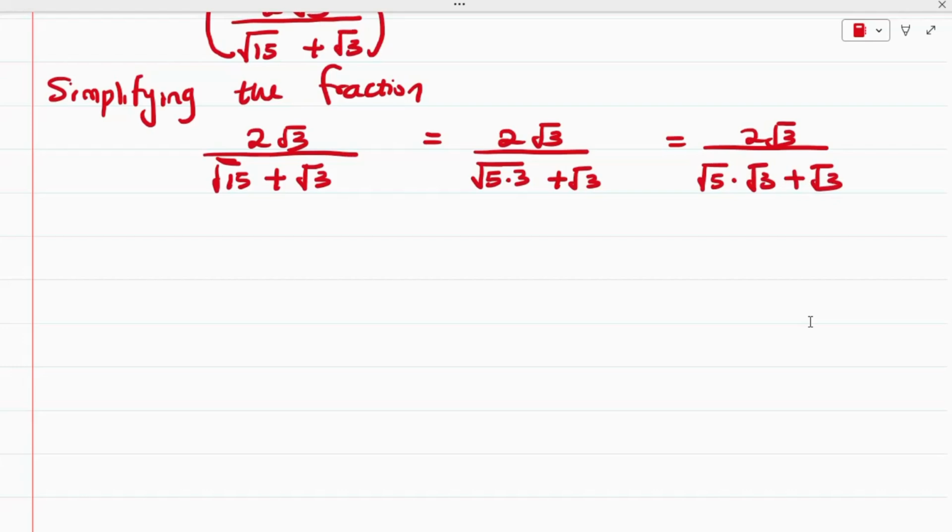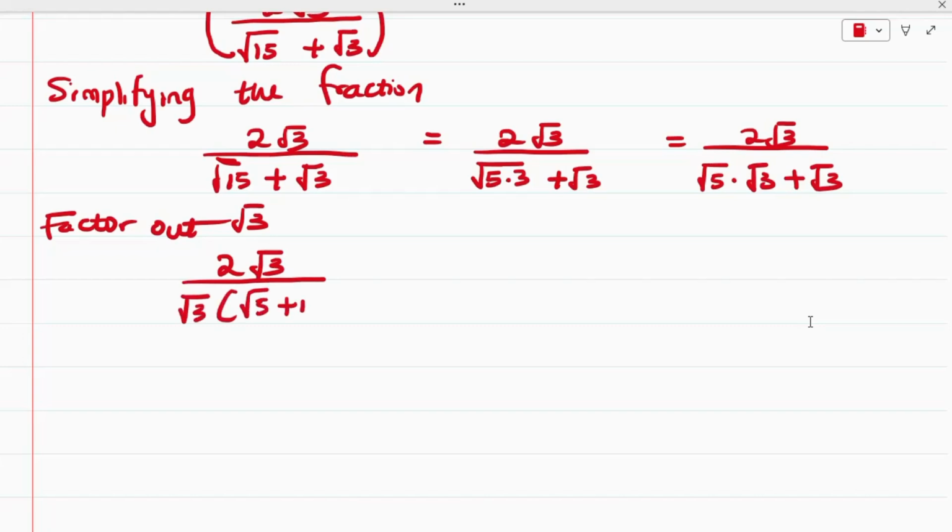So at this point we have the root of 3 as a common term to both the numerator and denominator, so we want to factor out the root of 3. For the denominator we have root 3 common, so we have root 5 plus 1 left, and we cancel out the root 3, so we have 2 divided by the root of 5 plus 1. So this becomes the new fraction.